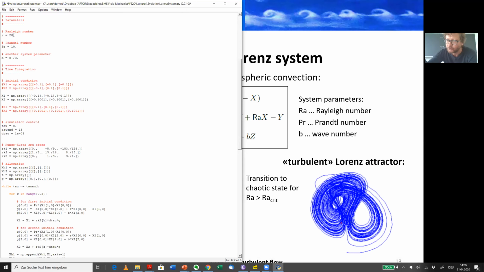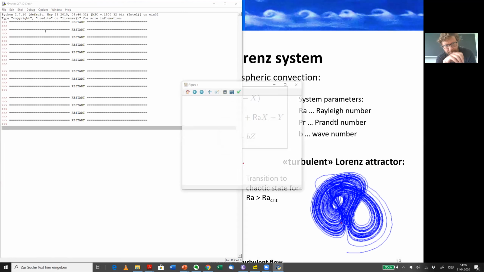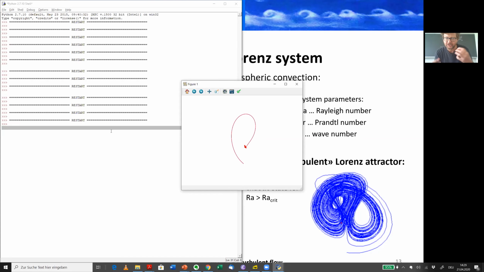So we go to a higher Rayleigh number, something like a higher Reynolds number. Let's see what happens. So again, we start off where both points are on top of each other. We cannot really make out the blue and the red point. We just see the red point, which is on top of the blue one.